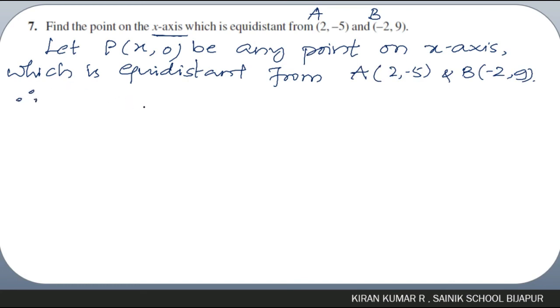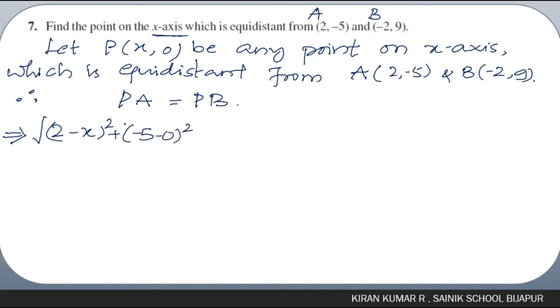Therefore, we have PA equal to PB. The distances are equal. Let's find, using the distance formula, the lengths of PA and PB and equate them. This implies root of (2 − x) whole square plus (−5 − 0) whole square equals root of (−2 − x) whole square plus (9 − 0) whole square.